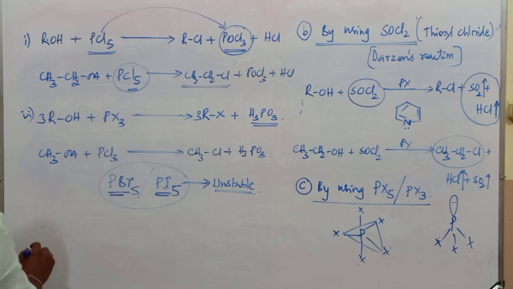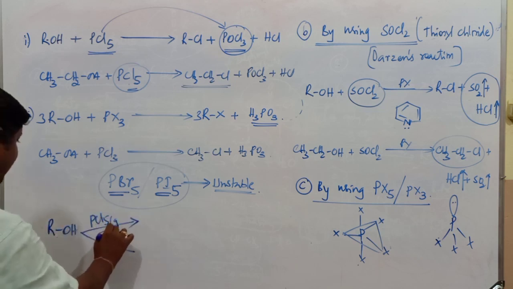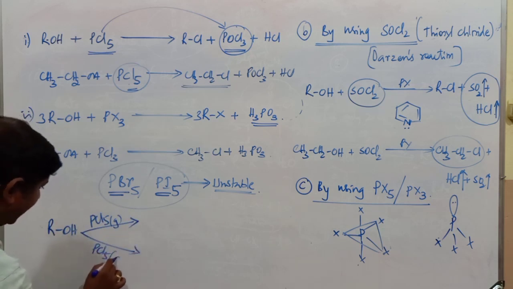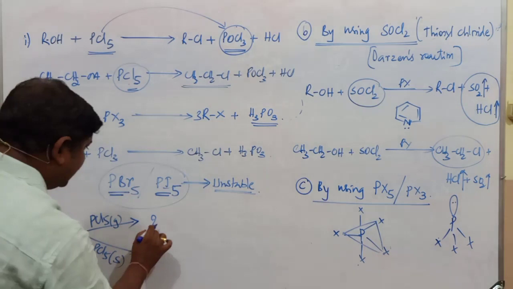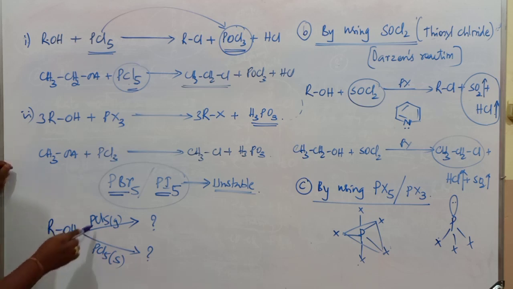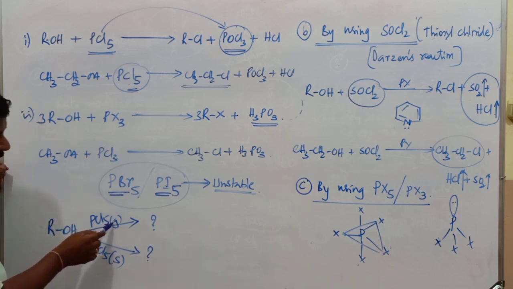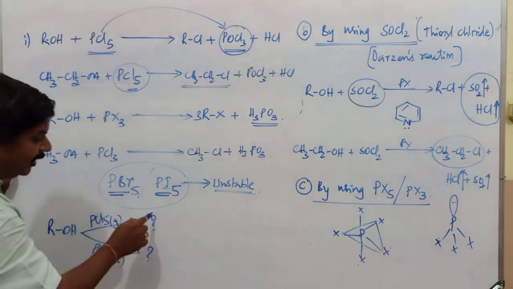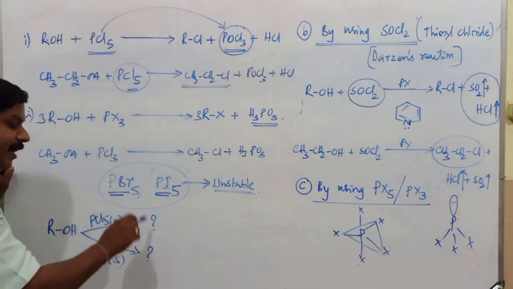Now, what is the particular product? PCl5 is in gas state, and this PCl5 is in the solid state. What is the nature of the product in these reactions? Concentrate: the same alcohol is taken, the same PCl5 is also taken. When PCl5 is taken in the gaseous state and in the solid state, you need to identify whether the nature of the product is the same or different.